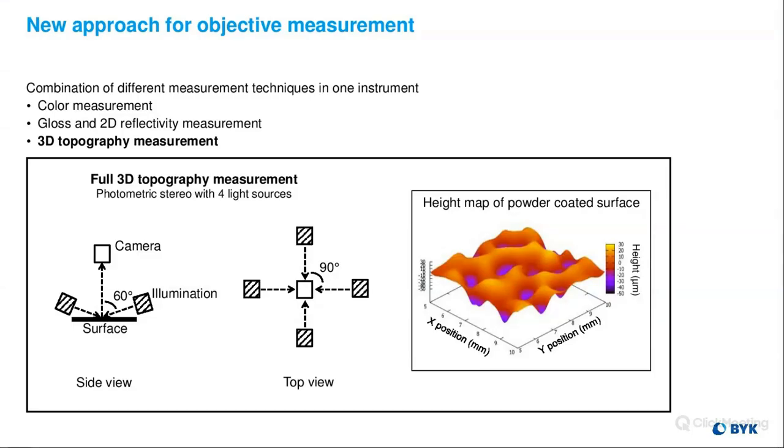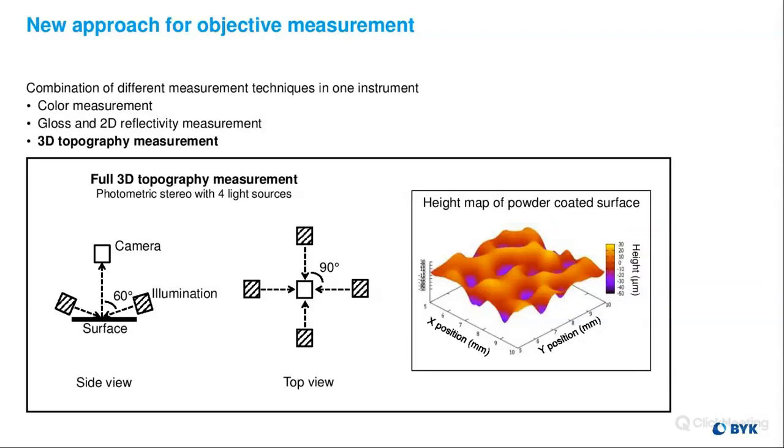Here's an example of how the internals are working behind the scenes. From a side view, we again have our camera directly overhead, and we have our illumination coming in at 60 degrees to that camera, angled down towards the surface of the object. From the top view, we can see that those illumination LEDs are 90 degrees from each other, and there are 4 of them. From that, we have our height map on the right side here.